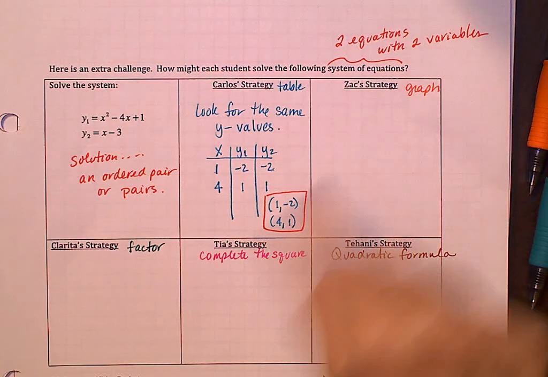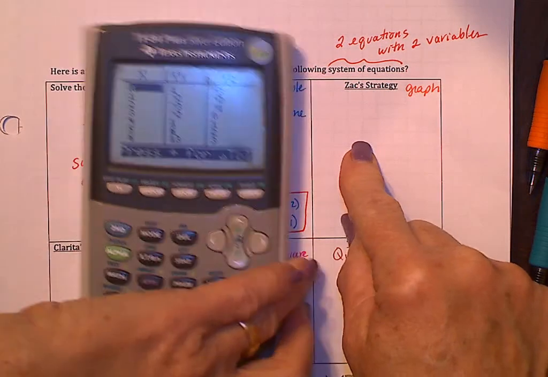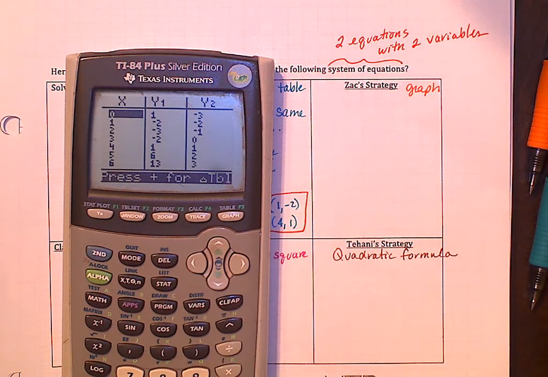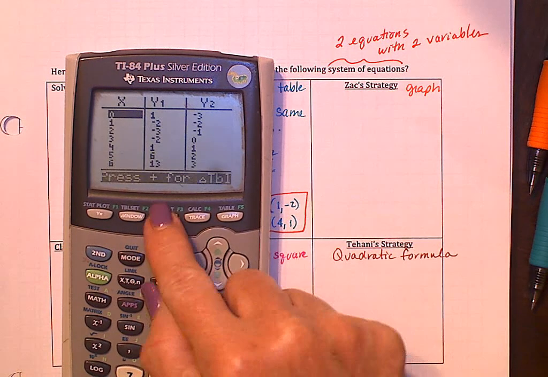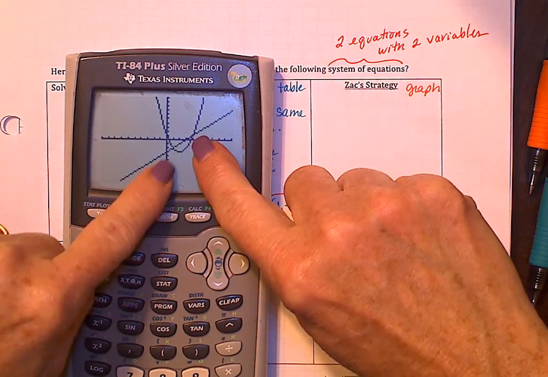If we look at Zach's strategy, Zach likes to graph, so let's go back to the calculator. And let's hit zoom 6 to get a nice standard viewing window. There's the quadratic parabola, and there's the line. And we're looking for points of intersection here. So those 2 points right there.